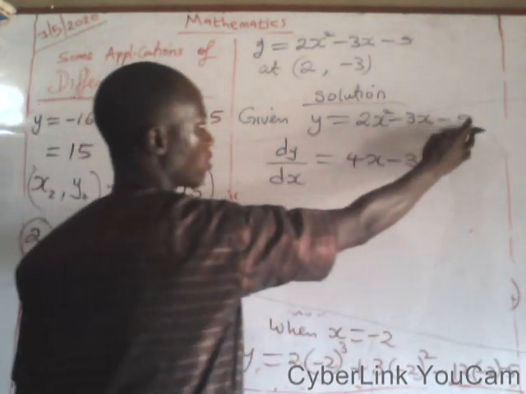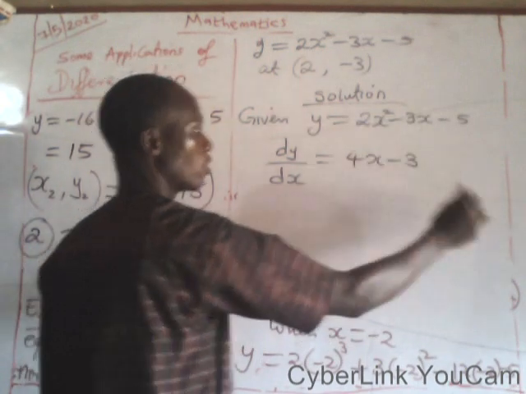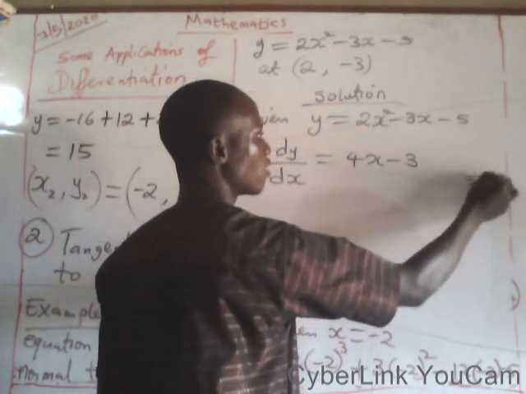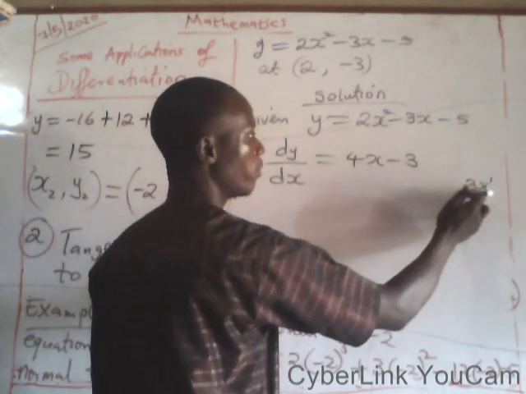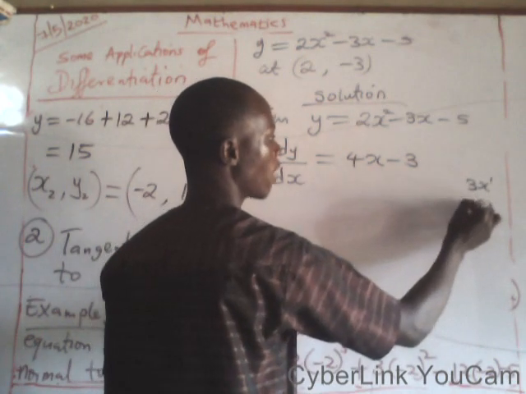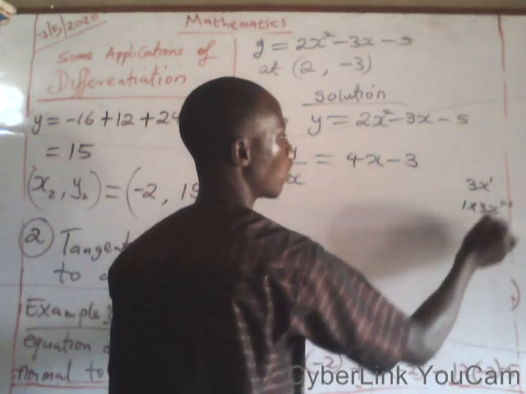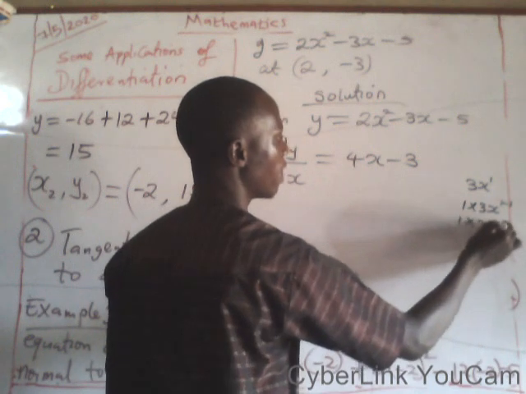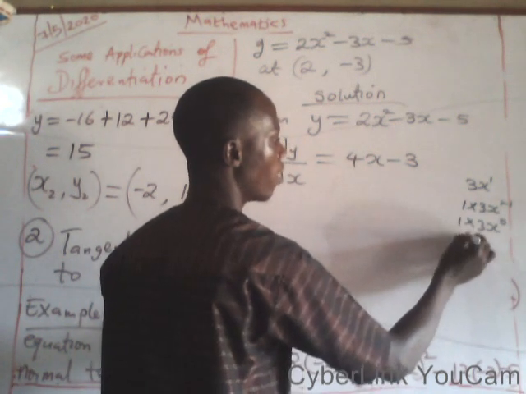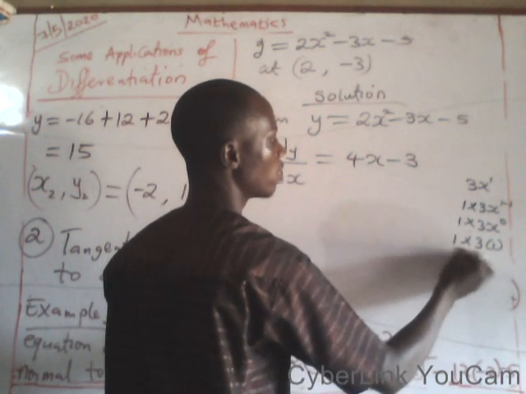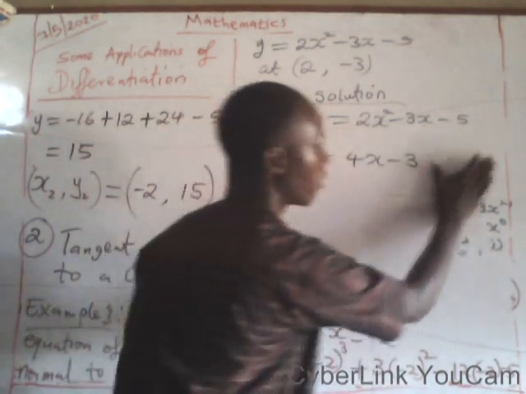Because by the time you differentiate the constant, you have 0. By the time you differentiate 3x, that is 3x raised to power 1, and that means 1 times 3, then x raised to power 1 minus 1, and that will be 1 times 3x raised to power 0. And that will be 1 times 3 into bracket 1, which is equal to 3. And that's why we got 3 here.